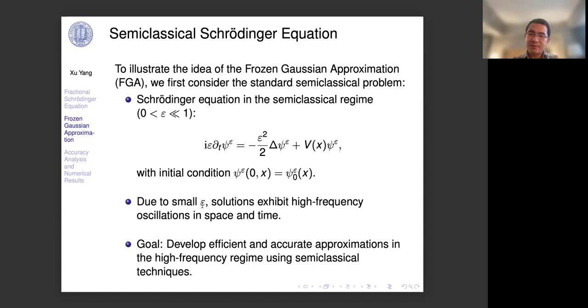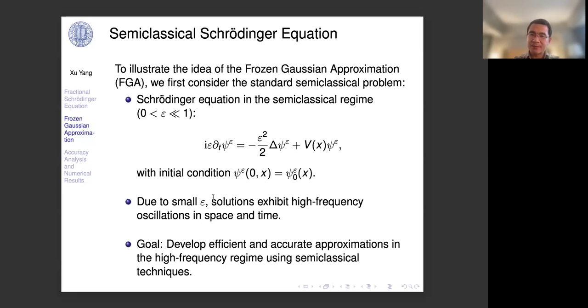The envelope is smooth, but the highly oscillatory phase function makes the solution very oscillatory. Our numerical goal is whether we can do some analysis before the computation, so that we can save computational cost through this asymptotic analysis.